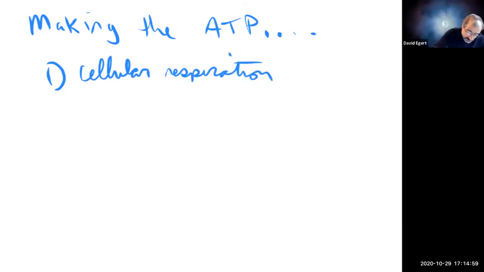So cellular respiration is kind of the gold standard for making ATP. It's going to be the most efficient in terms of converting the energy stored in the glucose into actual ATP molecules. It's got a couple of drawbacks though. I mean, the main drawback is it takes a billion steps, right? You saw that.